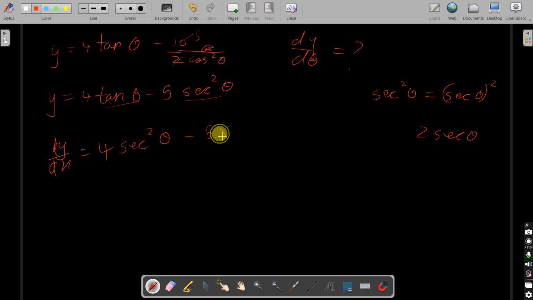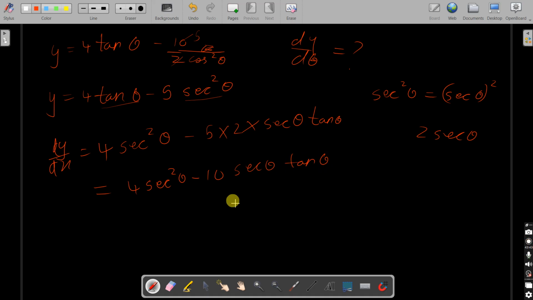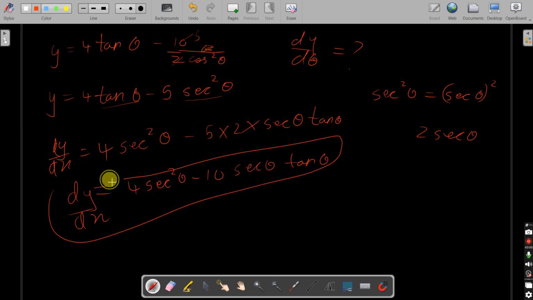So this will be multiplied by 2 into sec theta tan theta. Our answer is 4 sec square theta minus 10 sec theta tan theta. This is our answer.